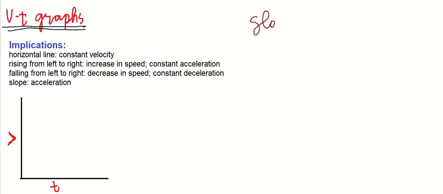So, the slope. Well, if you would recall, the slope of the graph is defined as the rise over run. When we say rise, this is a movement related to the y-axis.